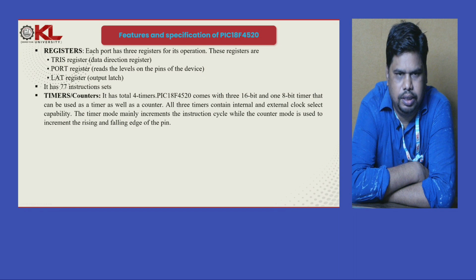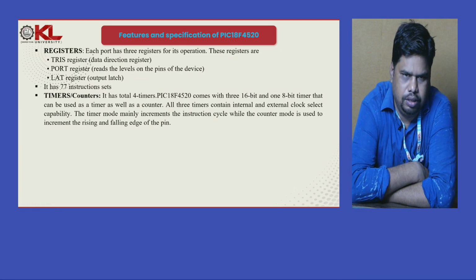Then the PORT register reads the level on the pin of the device, and then a LATCH register, so it reads the input irrespective of the changing of the voltage. So it's a latch. So these are the TRIS, PORT and LATCH, the 3 registers available.